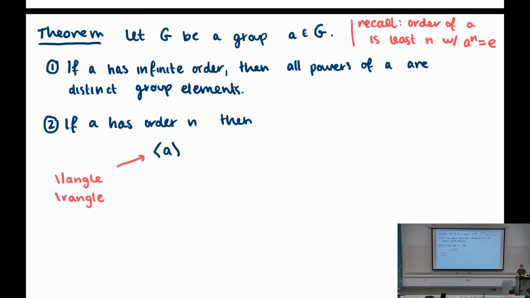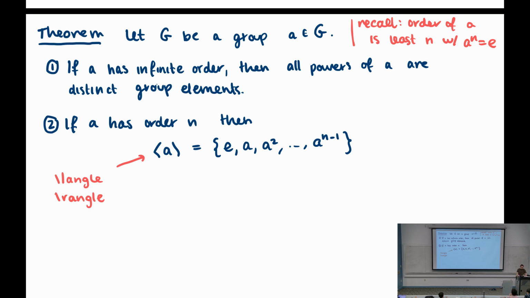Okay, anyway, so this is equal to the set e, a, a squared, and so on up to a to the n minus 1. So every power of A will be equal to one of those.